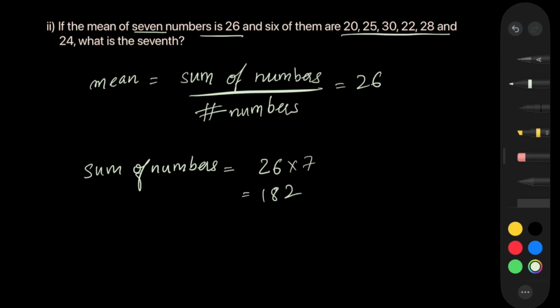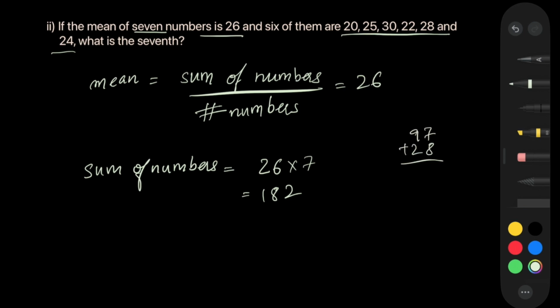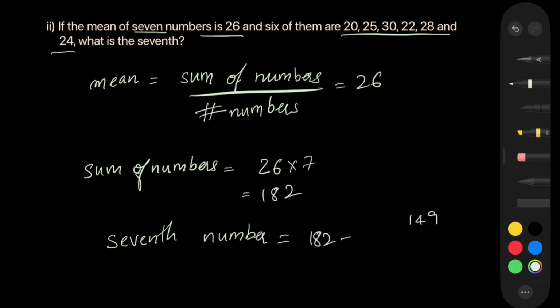Now, adding the first 6 numbers, we get 149. So the 7th number is 182 minus 149. So the last number is 33.